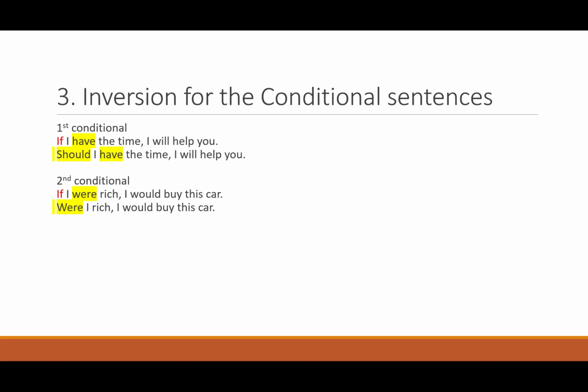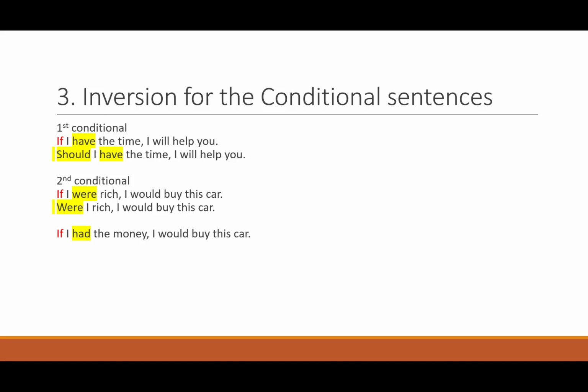For the second type of the second conditional, check the verb. The verb is not were, but any other verbs. Look at the example. If I had the money, I would buy this car. Again, check the verb. The verb is not were. If the verb is not were, you have to use this pattern. Were, subject, to verb 1.